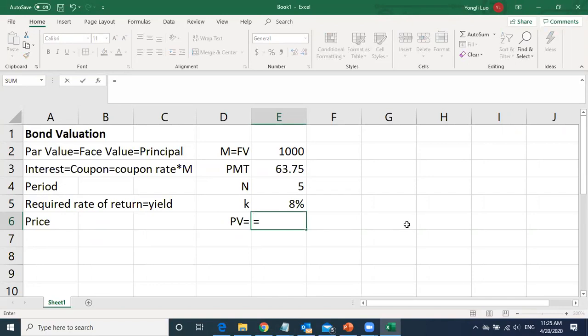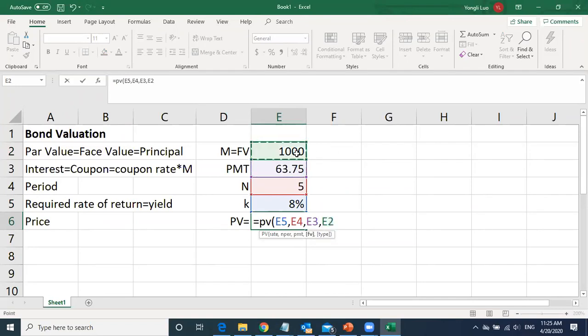So how do you get to the bond price? You're going to use the present value function. You choose the rate, the number of time periods, 5, and your payment.